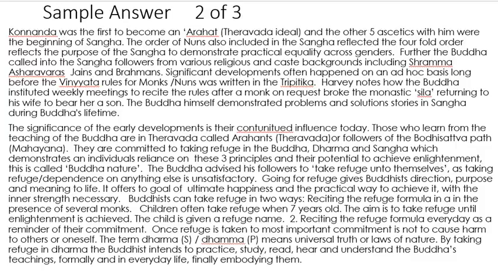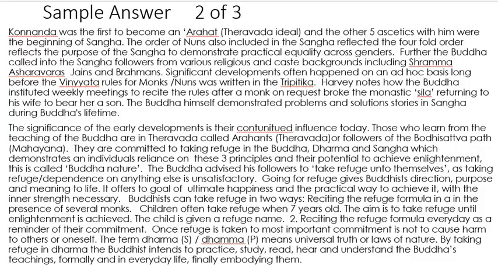Further, the Buddha called into Sangha the followers from various religious and caste backgrounds, including the Shramanas, the Ajivikas, the Jains, and those who were Brahmins. Significant developments often happened on an ad hoc basis long before the Vinaya rules for monks and nuns were written in the Tripitaka.